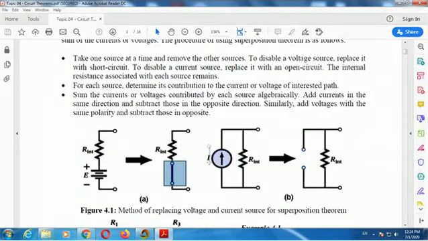For a current source, we replace it with an open circuit.